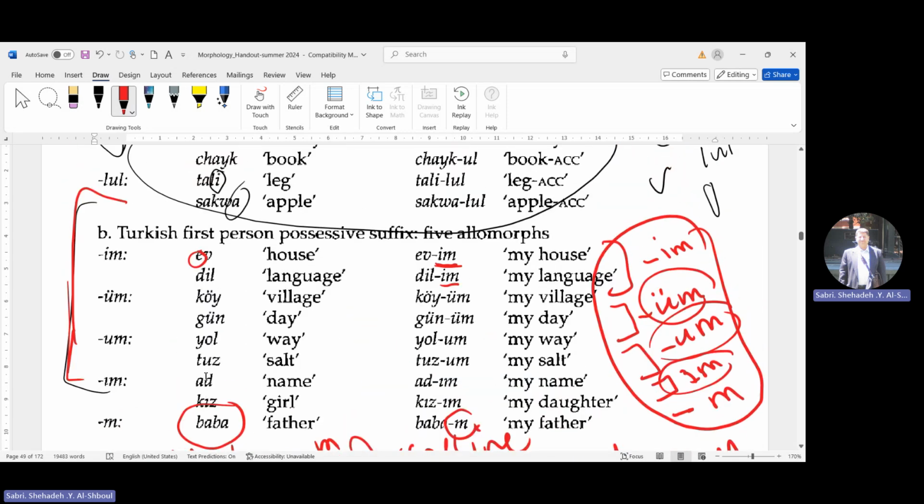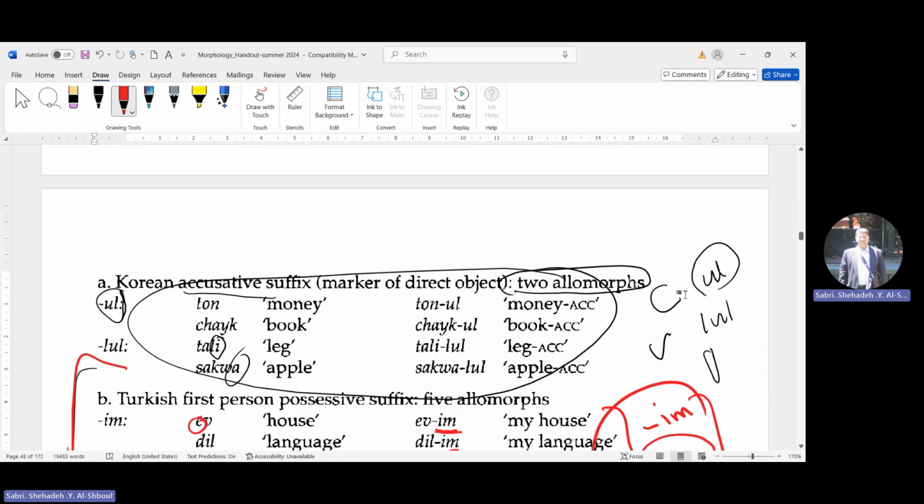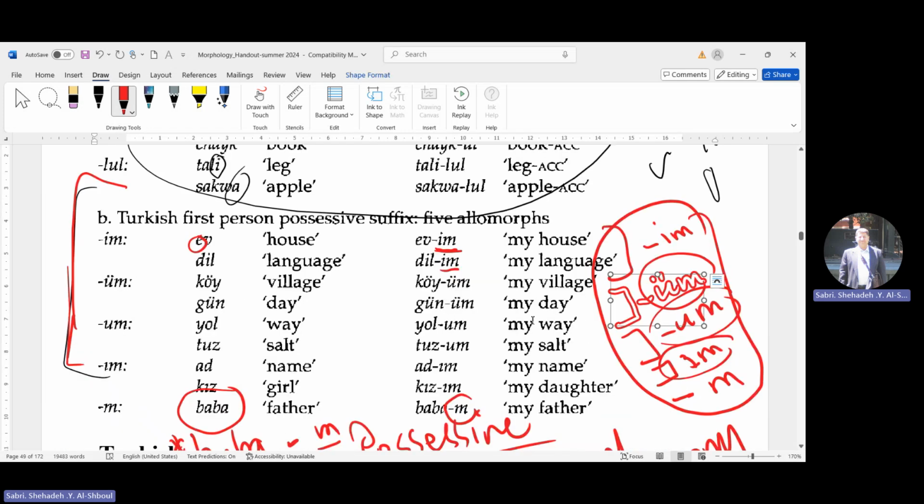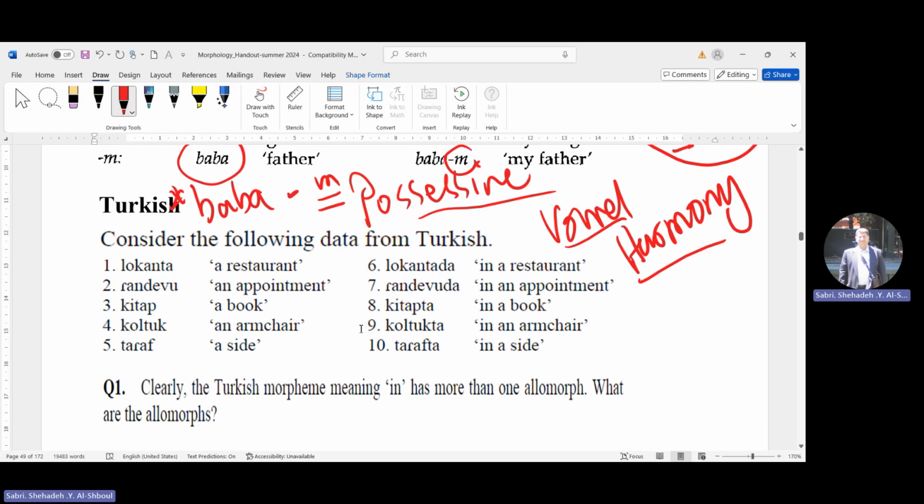Okay. So here, just to recap, we have vowel hiatus, and we have vowel harmony in Turkish and in Korean, right? So if we look into Turkish again, we find that we have lokanta, where we have lokanta-da.